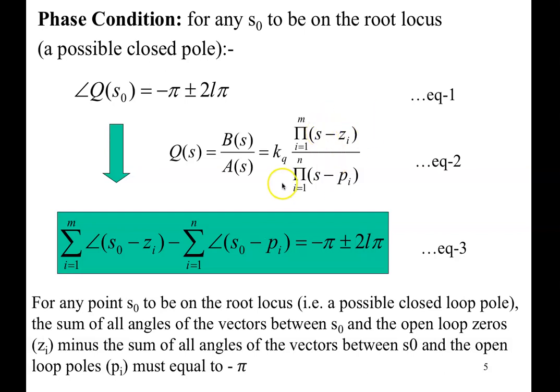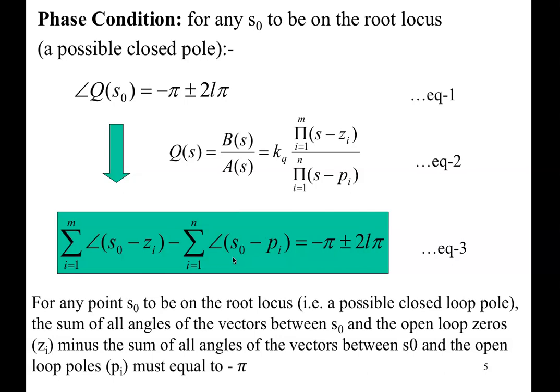So this sign here indicates the addition of all open loop zero angles, the angles between my point and open loop zeros. This summation here indicates all the angles between my test point and open loop poles. Now, if that equals minus pi, then I can confirm that s0 is a possible closed loop pole.